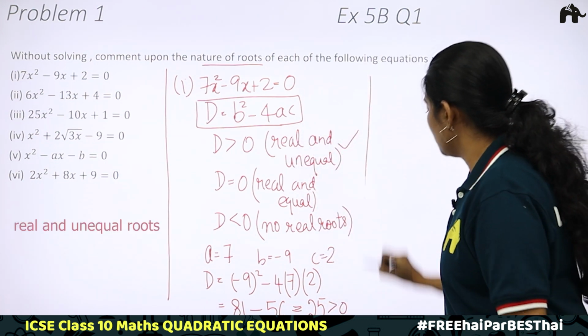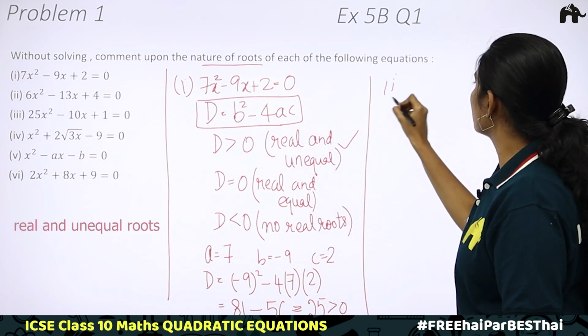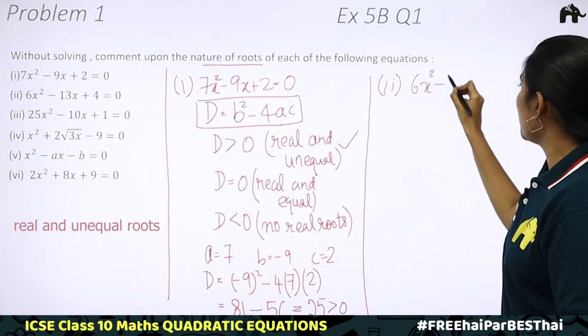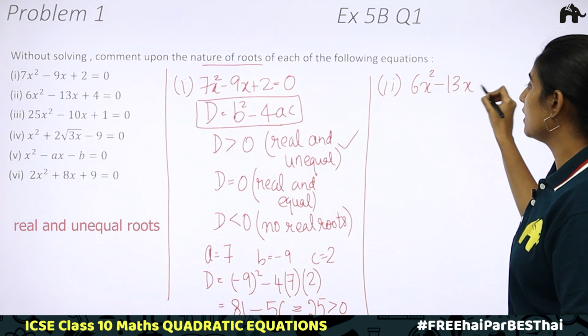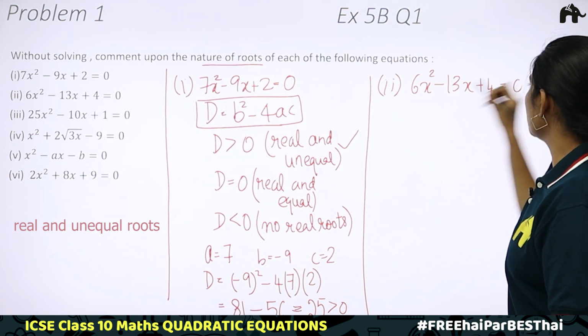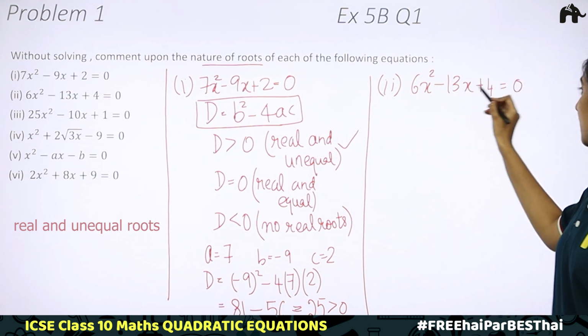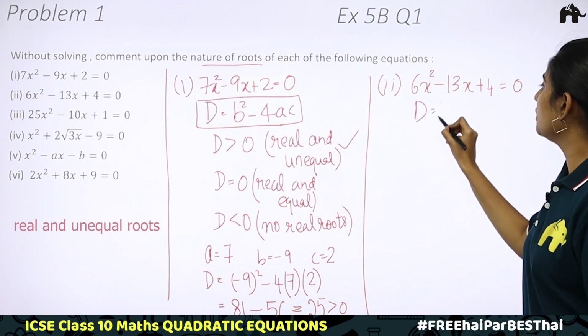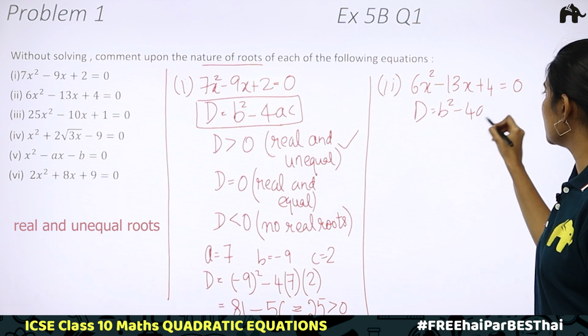Now the second equation, 6x square minus 13x plus 4 is equal to 0. Discriminant D is equal to B square minus 4AC.